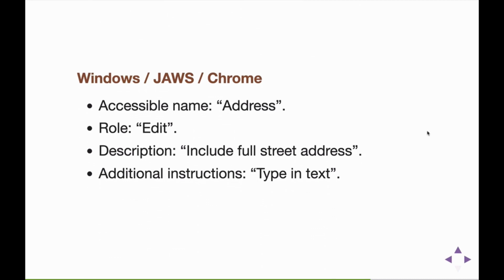And what about JAWS? Well, the accessible name again is address, the role is edit, the description, as before, include full street address, and the additional instructions just say type in text. So for JAWS, it would be address, edit, include full street address, type in text. And there you have it. That's how the accessible names and descriptions are announced in various screen reader combinations.